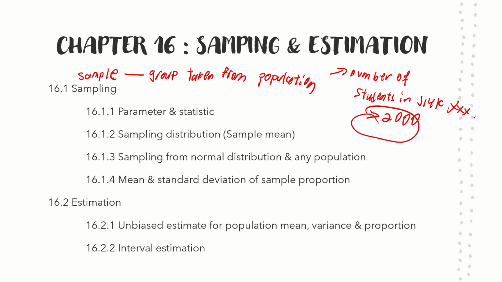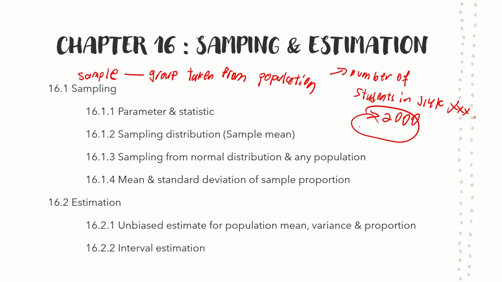If you are the researcher and you want to collect the data of this school, is it easy with 2,000 people? To collect the data one by one from these 2,000 people is very difficult, right? And it takes more time for the researcher, right?